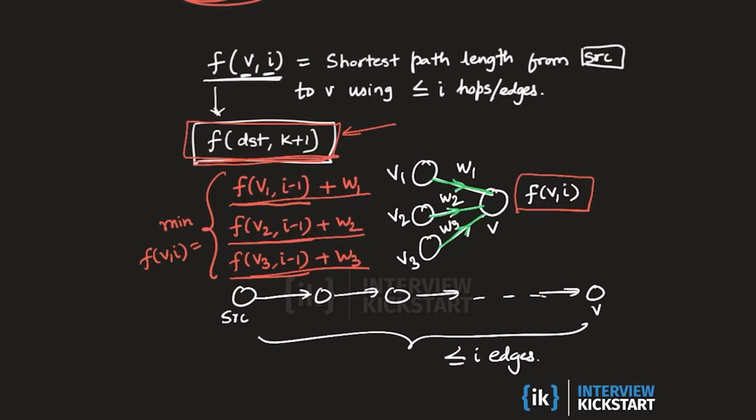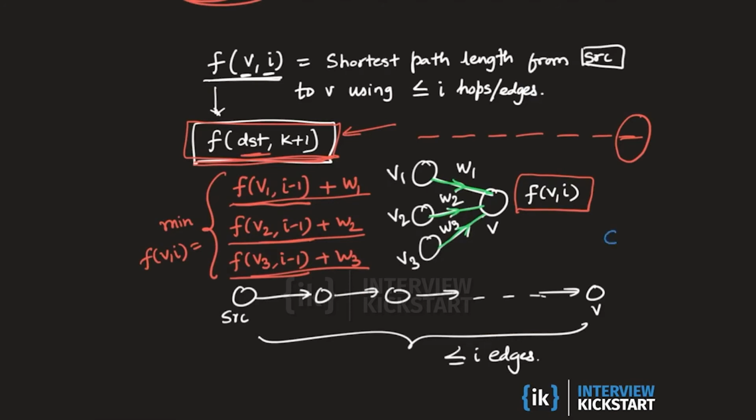Now I don't know how to get this value. Using the lazy manager's analogy, I am saying the shortest path from the source up to this destination will be some sequence of edges. I don't know what that sequence of edges is, but I am going to focus only on the very last edge in that shortest path.